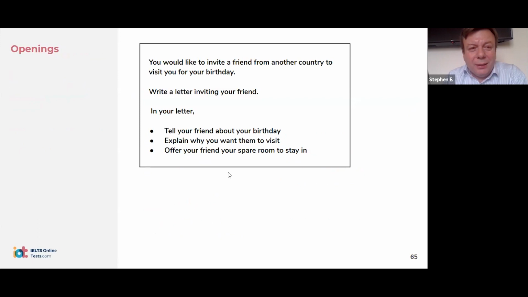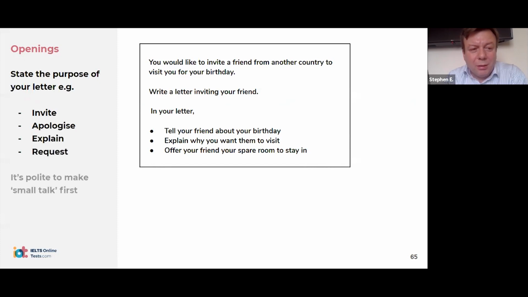So openings, let's have a look at an opening. We're going to state the purpose of the letter. So we've got an invite, could be an apology, explanation, request. And then it's polite to make a little bit of small talk first, in our case, because it's an informal letter. See if you can write an opening.